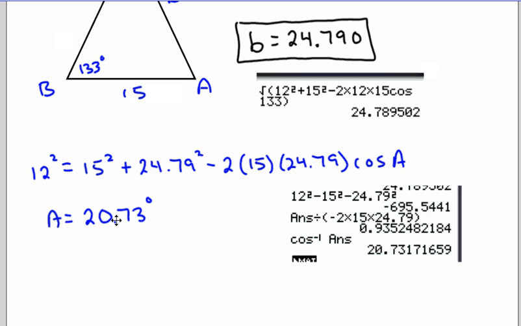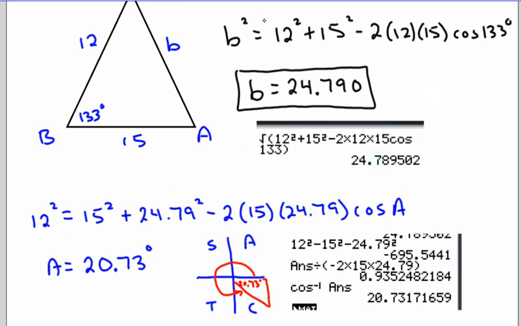Now, you guys, the nice thing about using cosine is you don't have to check for 2 different answers like you do with sine. Because if you remember, all trig functions are positive in the first quadrant, sine in the second, tangent in the third, cosine in the fourth. That means we could have another triangle right here, and this angle is 20.73 degrees. And then the other angle that would have a cosine equal to this would be 360 minus that, or about 339.27. That's way too big for a triangle.